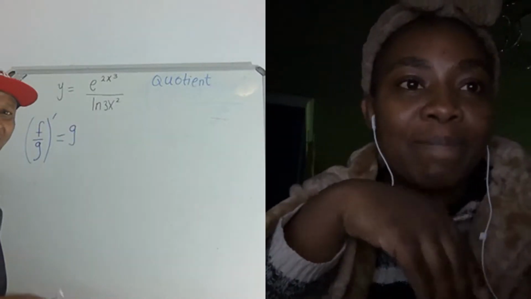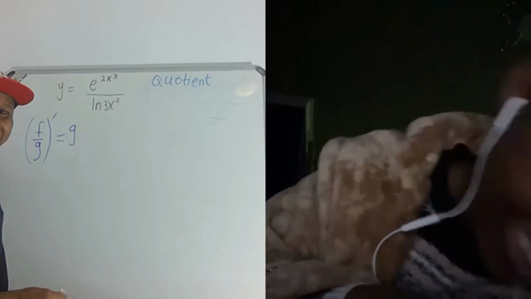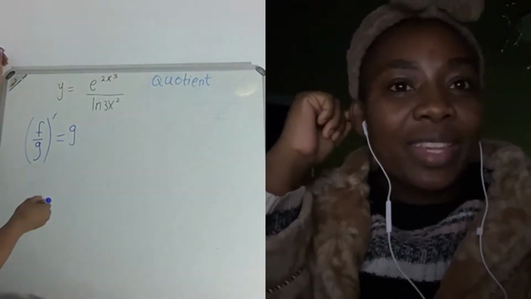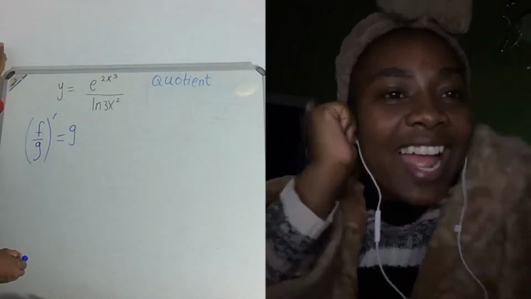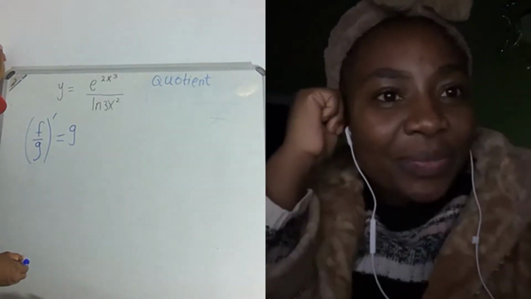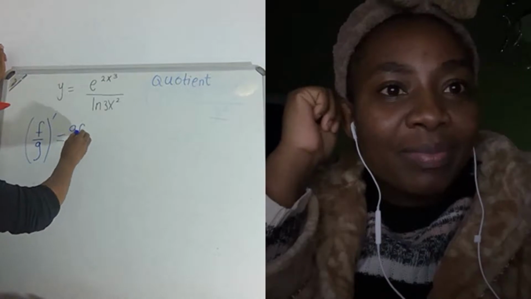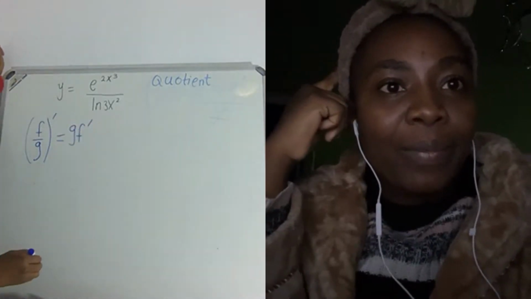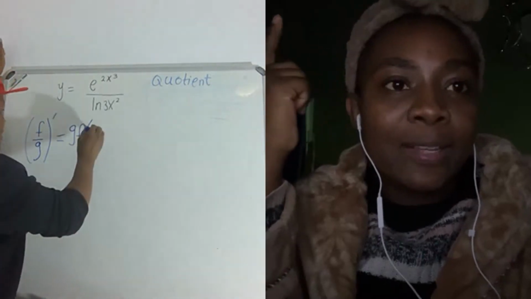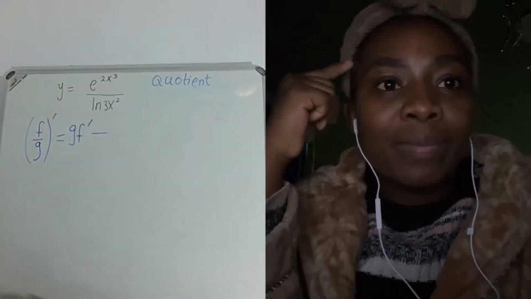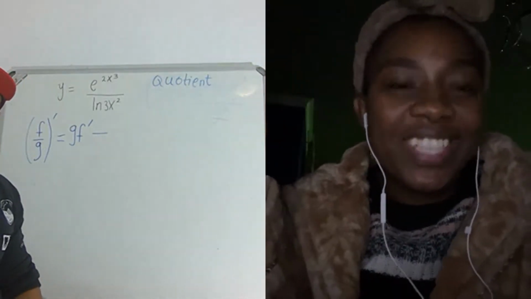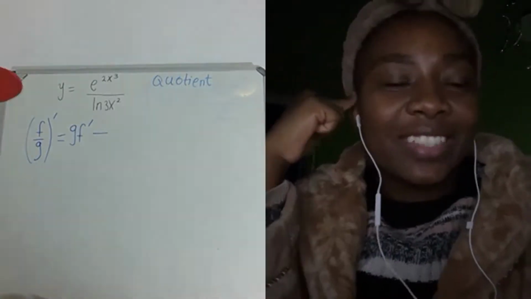Then f differentiates obviously, so it's f prime. Very good. Minus. Why do we minus, why not plus? Tell me right now. Because it's a quotient. So divide, quotient.